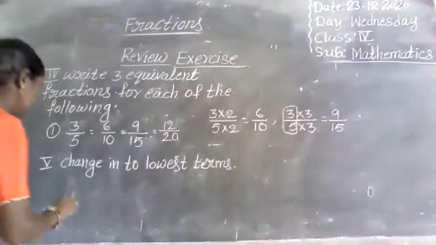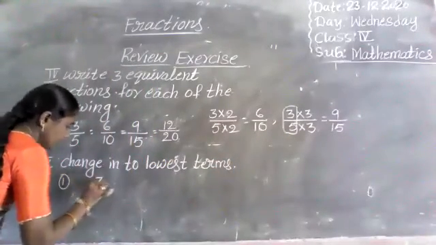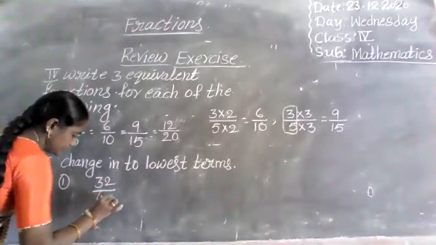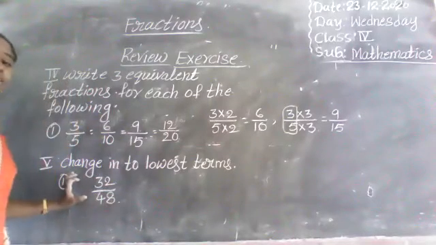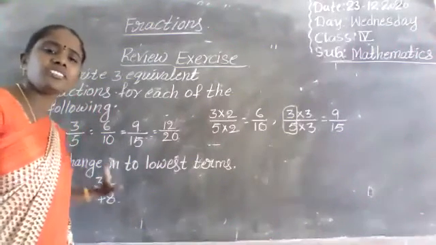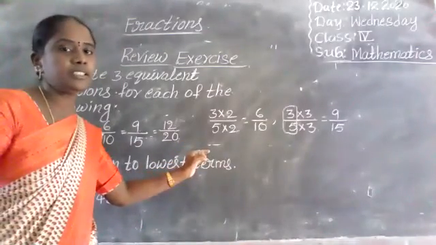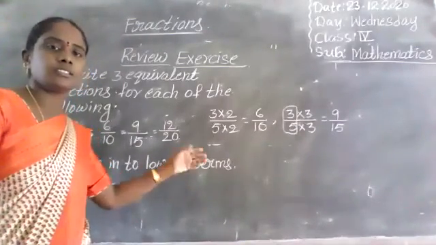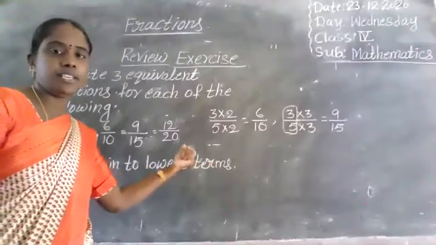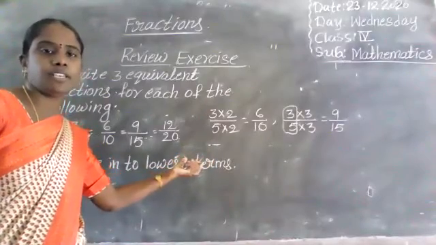First, what is 32 by 48? Change into lowest terms. What is changing into lowest terms? Lowest terms is nothing but simplification. We have to do simplification.